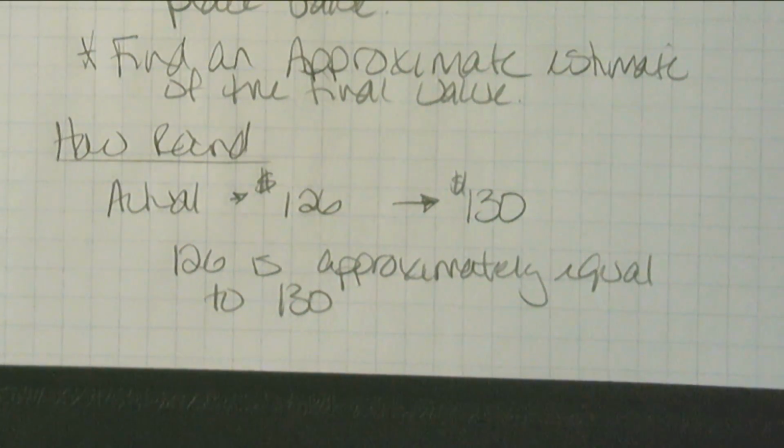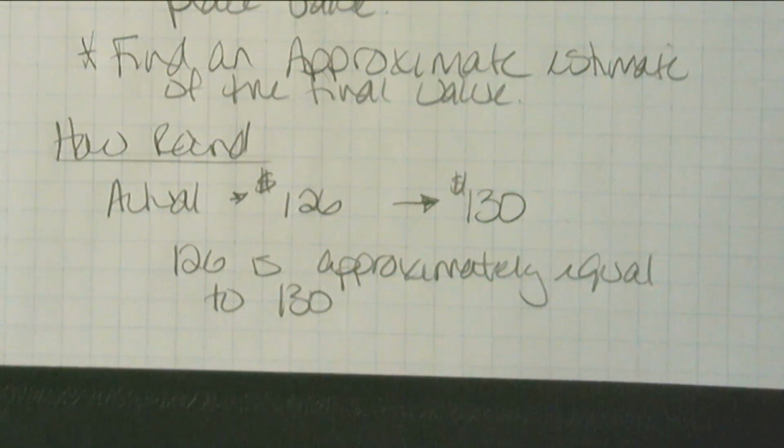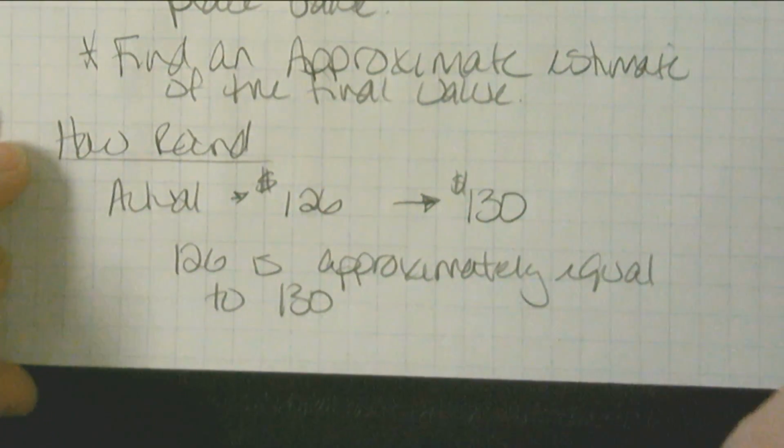All right, so let's talk about when we can use approximations and when we think that it's reasonable or not reasonable. Because we might feel that it's more reasonable to round this down to 125. Maybe that's more reasonable because it's a little closer. But we've got to figure out how we want to do that. So let's talk about when we are adding.